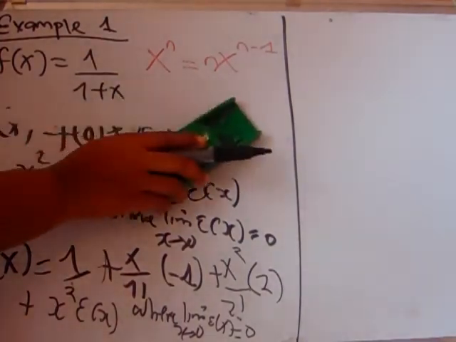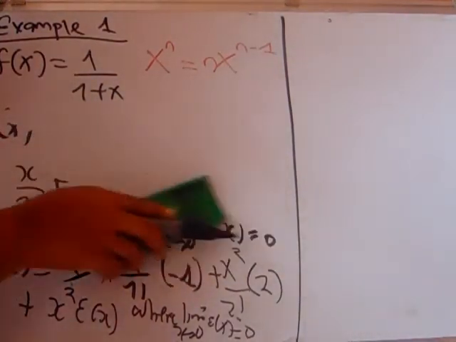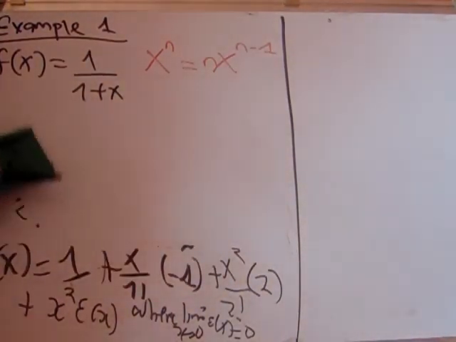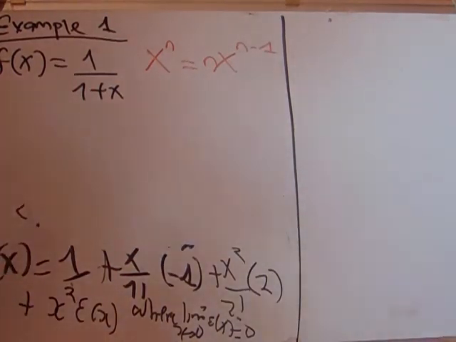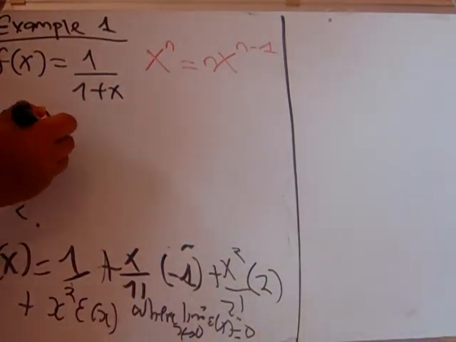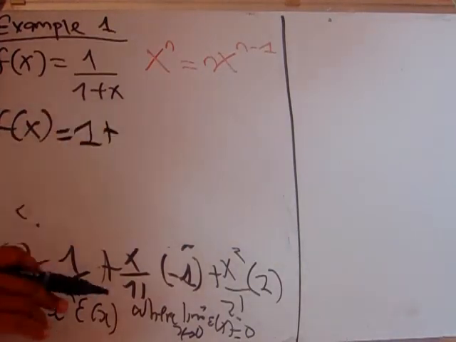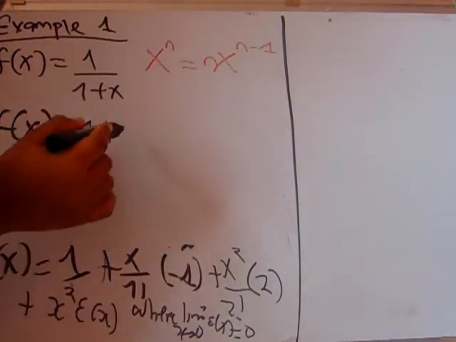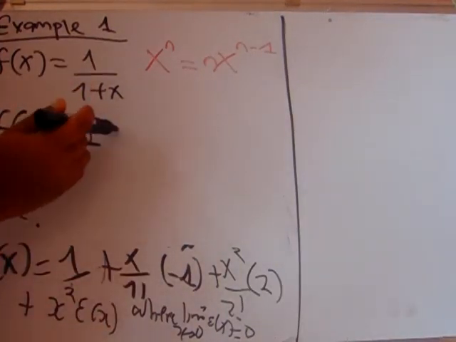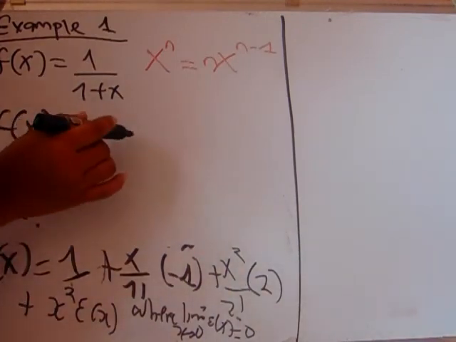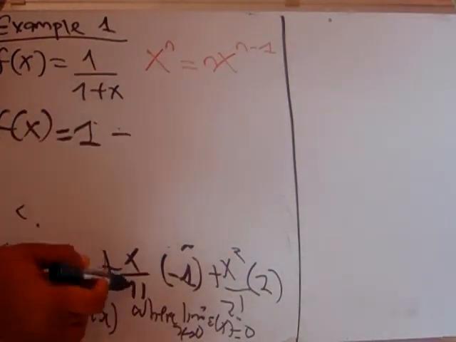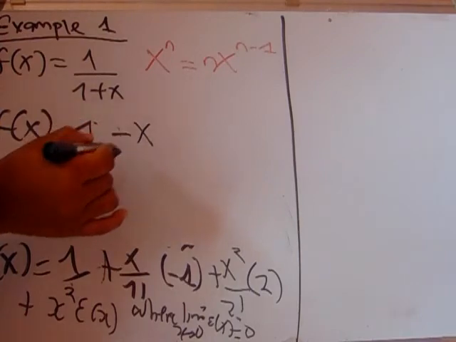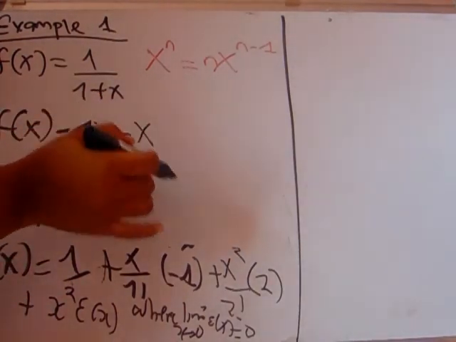So let's rearrange our final answer. We'll have f of x equal to 1 plus -1, so this becomes negative. Negative x over 1 factorial is 1, so that's -x.